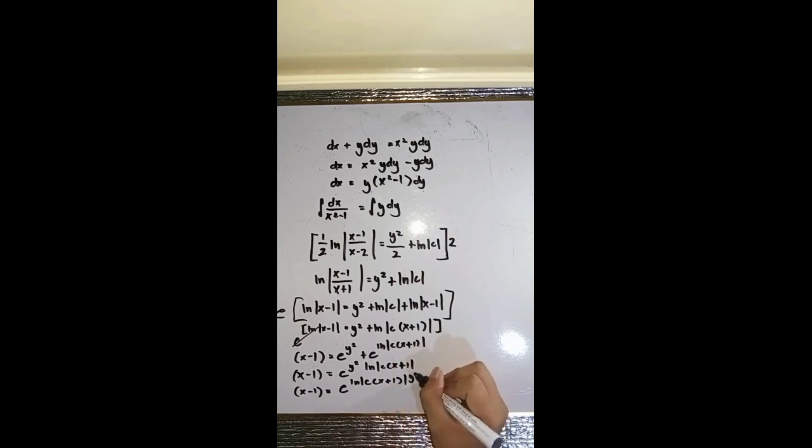So cancel out e and ln, which will result in x minus 1 equals c (x plus 1) raised to y squared.